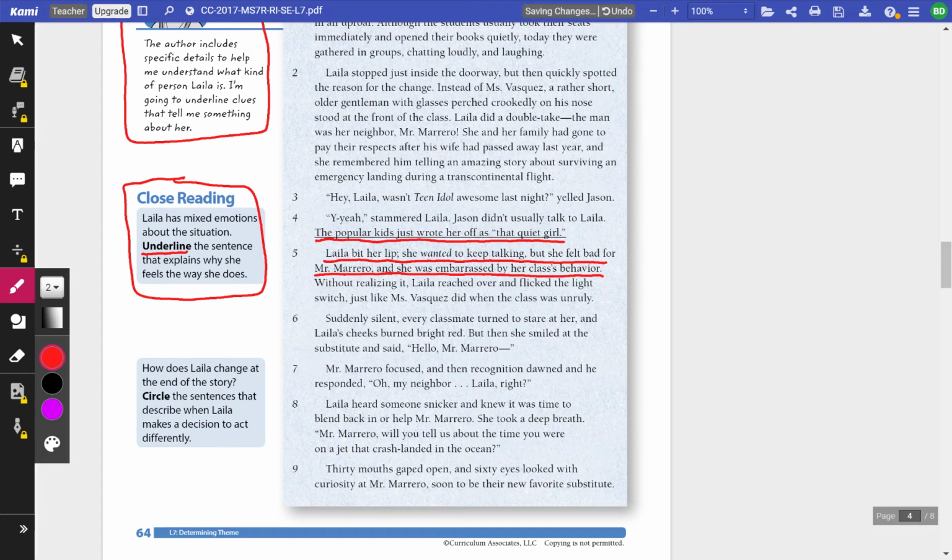So this explains that she wants to keep talking, but she also feels bad, and she's embarrassed about how her class is acting. And this lets us know that Layla is kind of torn right now. These are her mixed emotions.